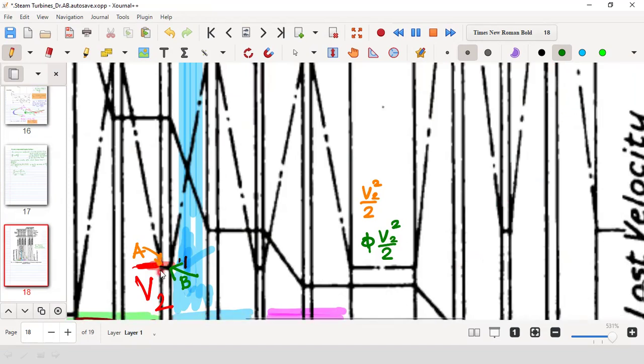At point B, the kinetic energy of the steam per unit mass is phi into V2 square by 2, where phi is less than 1, say about 0.9, 0.95. It is quite close to 1, like 0.95, 0.94, but not exactly 1. There is a reduction. That is called the carryover coefficient.